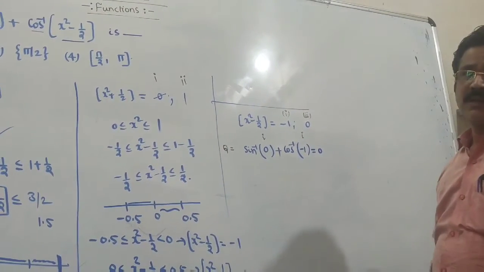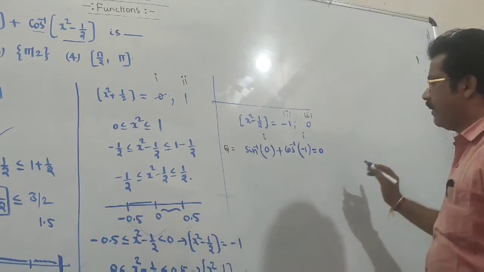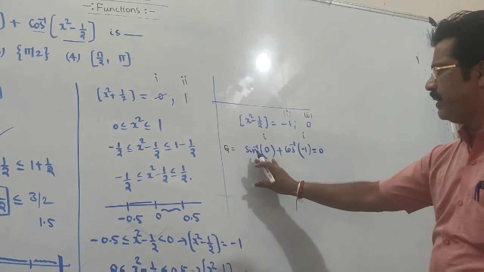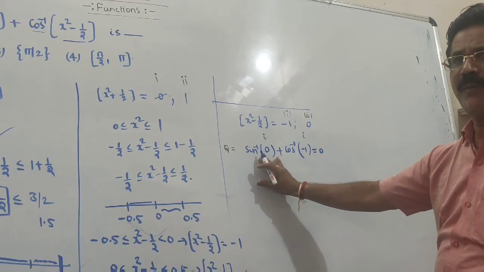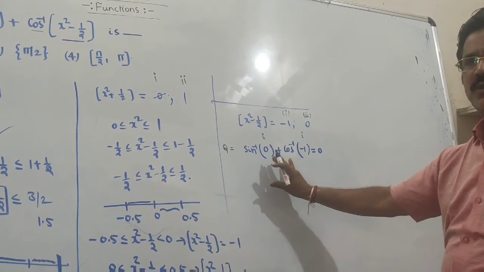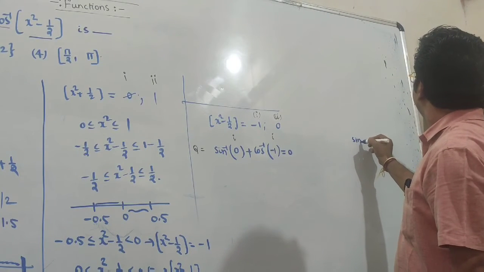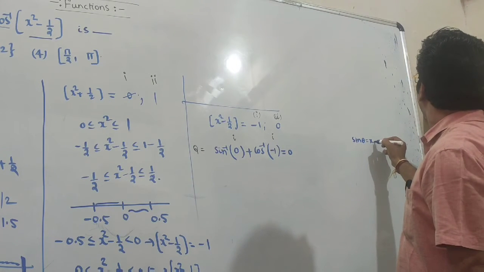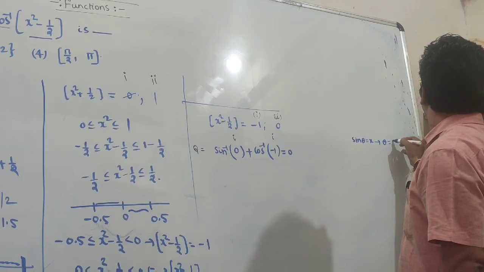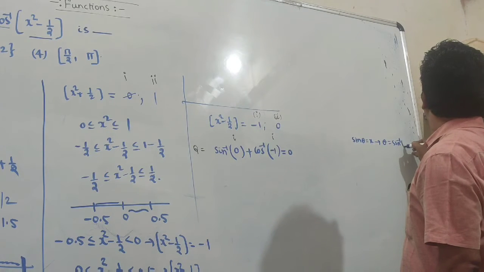Sine inverse of 0, how? One minute. Already we know this in inverse trigonometric functions, but I wish to explain once again. If sine theta is equal to x, then theta can be written as sine inverse of x.